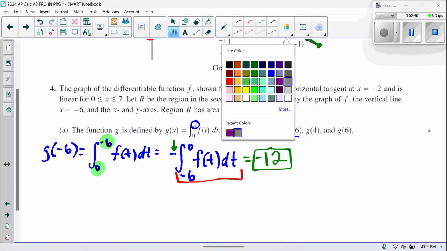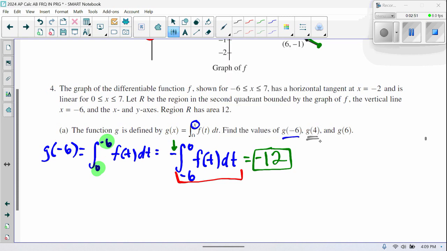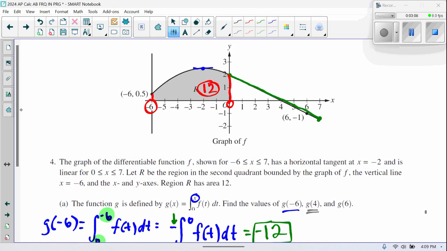Okay, let's start on the next one, g of 4. Again, I'm just throwing a 4 in for where my x was. And again, it's just area under the curve from 0 to 4. Okay, so if I look up here, we know this is a straight line, this green line.